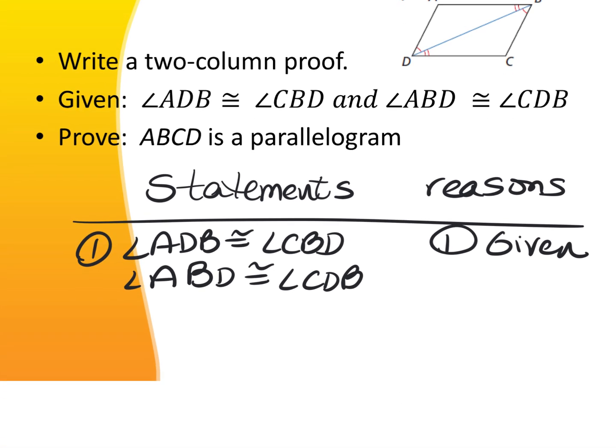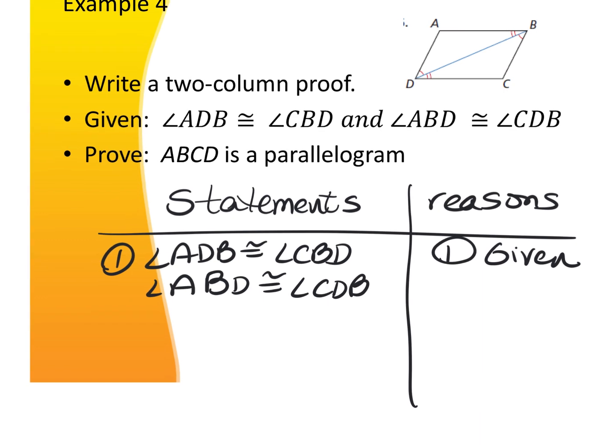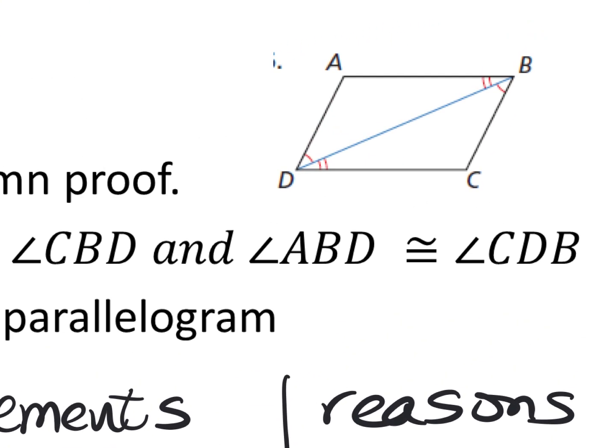Notice the picture is marked for me already. So I need to figure out how I can use one of the 5 things we just learned about to show that this is a parallelogram. So notice I don't have opposite angles congruent, but I got these little pieces here. So I've got this angle here, congruent here, and then these right here.